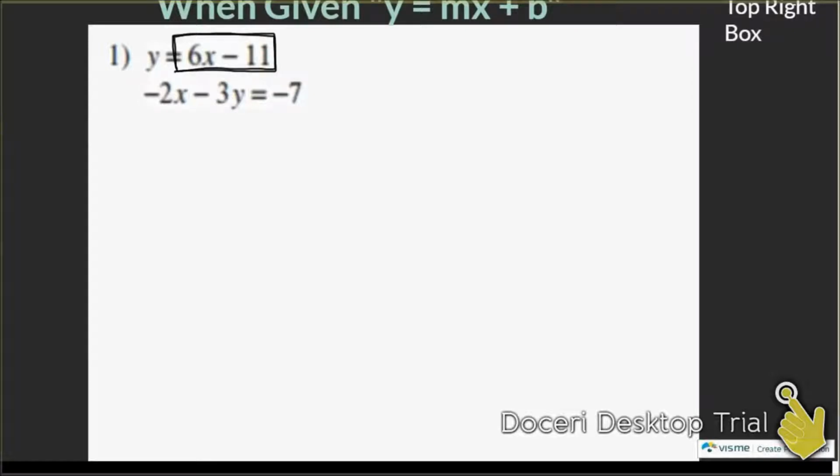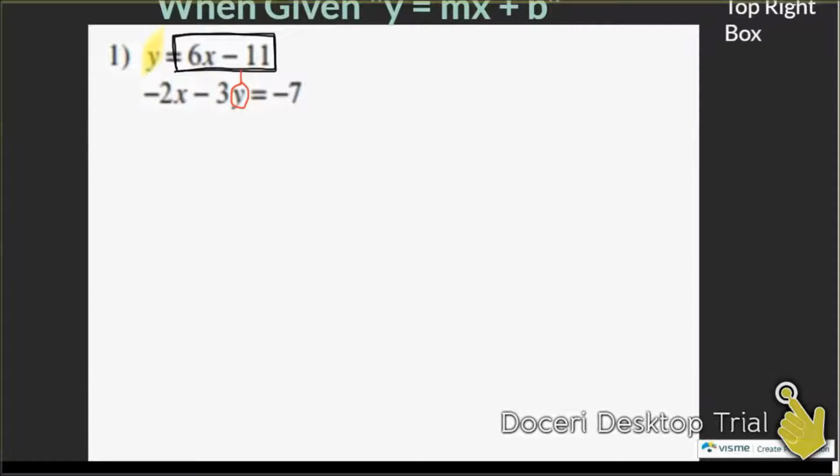Remember, we have y equals and then this amount that we boxed. So we're going to take this amount and put it where y is. This boxed amount is about to get substituted in for y in our other equation.